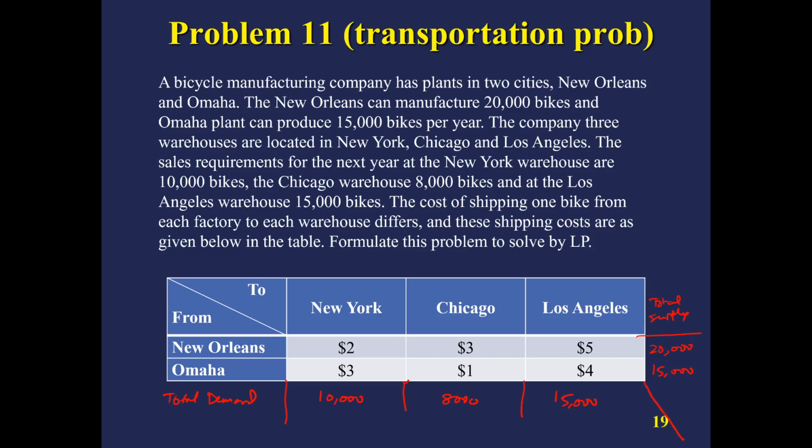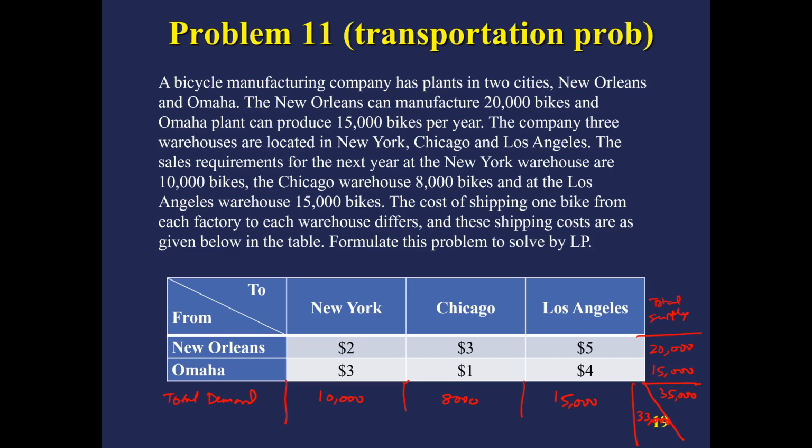Now if you add, the supply comes out to be 35,000, and the demand comes out to be 10,000 plus 8,000 plus 15,000, which is 33,000. So the supply is more than the demand.